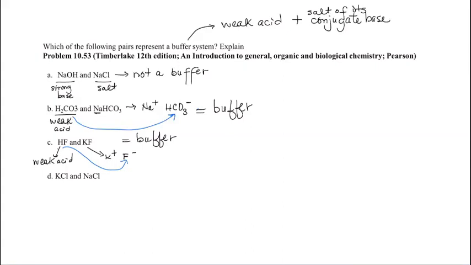The reason why I'm breaking apart the second component of the buffer is because I'm trying to remind you guys that the second component is a salt. So it is an ionic compound. Ionic compounds form cations and anions. What I'm trying to illustrate is that the anion is going to be the conjugate base of the weak acid if we have a buffer. So that's why I split it like that. The conjugate base for HF would be F minus because it's losing a hydrogen.